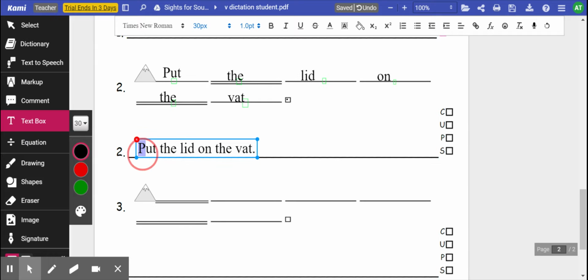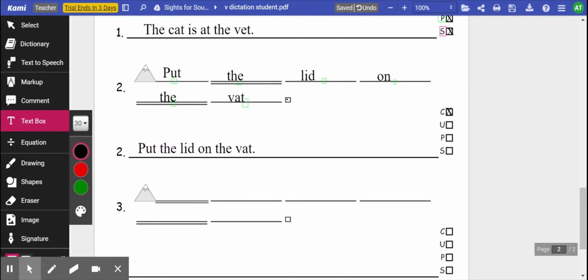Check for CUPS. The P must be capitalized. It should look like the P in the word CUPS right here. Lid. All right. The next word is lid. Next is reading, understanding. So read the sentence, put the lid on the vat.